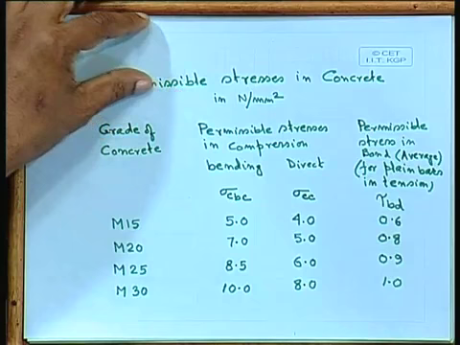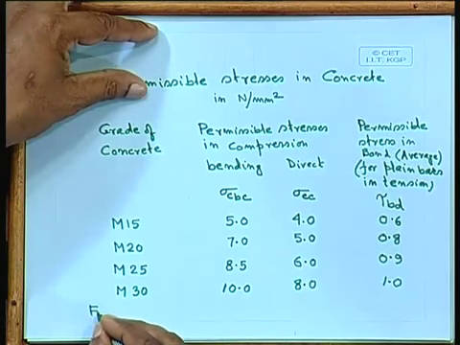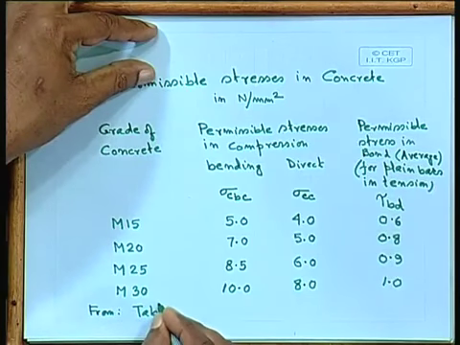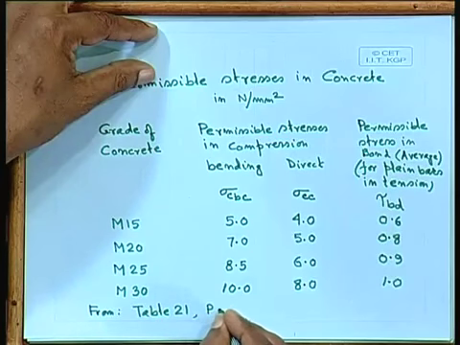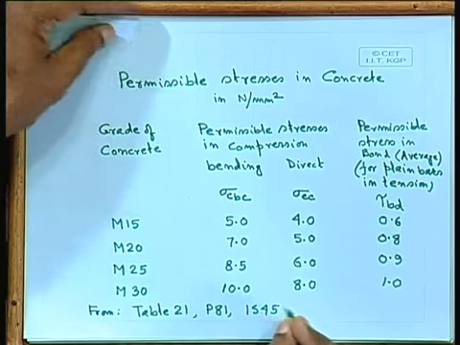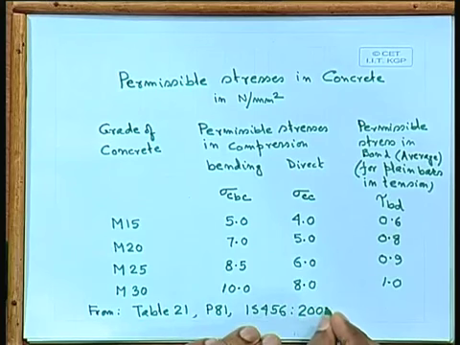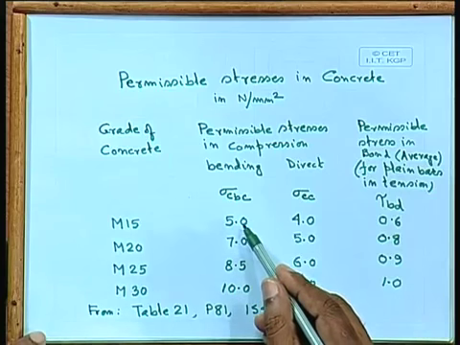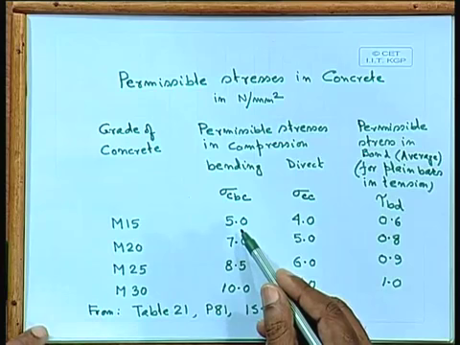This, we have taken it from table 21, page 81, IS 456. You can see I have told that the factor of safety is approximately 3.